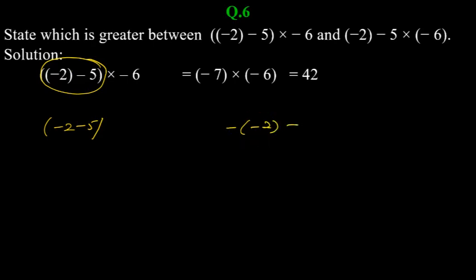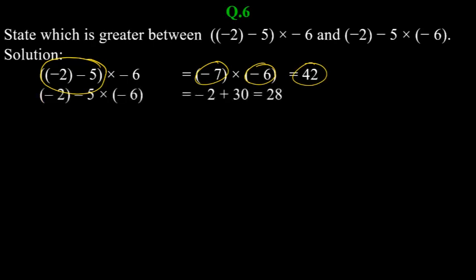If there would have been minus here, then it would have been minus into minus plus. But this minus is for 5. It is actually -7 into -6, minus into minus plus, 42.